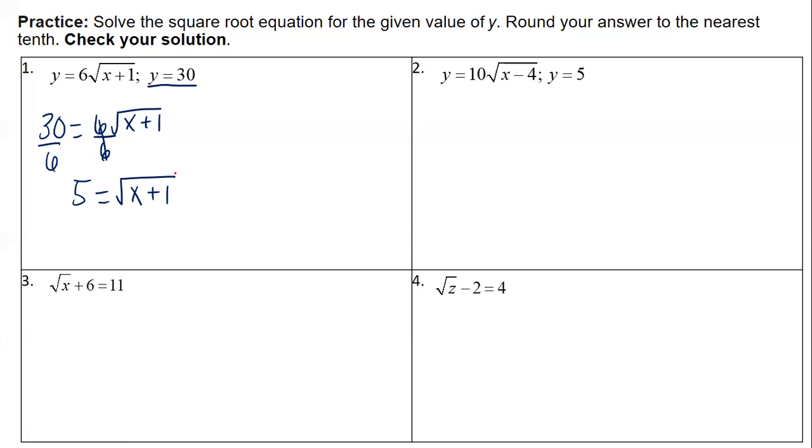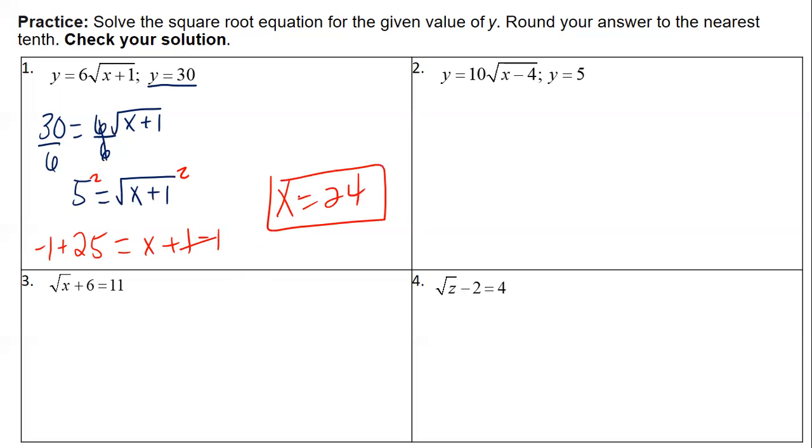After you divide, now you have to get rid of the square root. So you should have squared, and that left you with 25 equals x plus 1. And then you minus 1. And that gives you what? 24. So x equals 24.